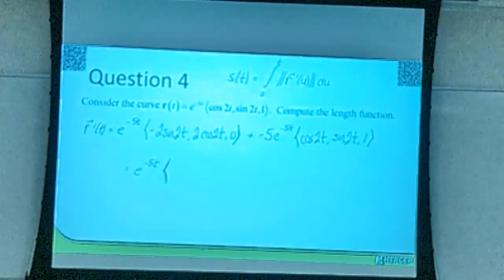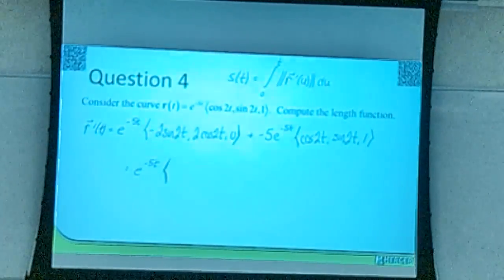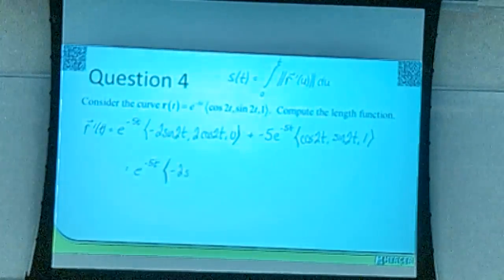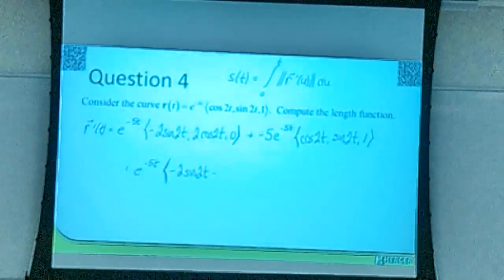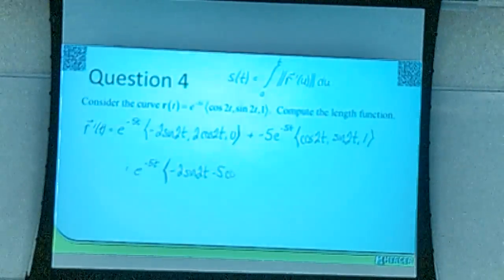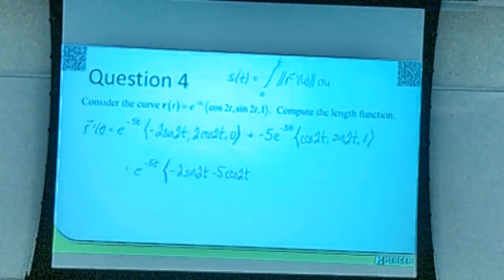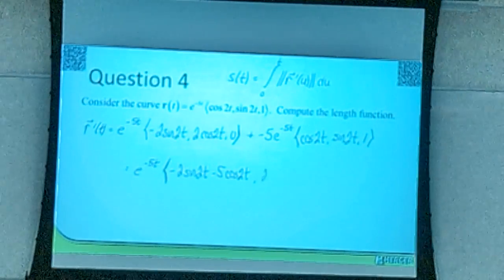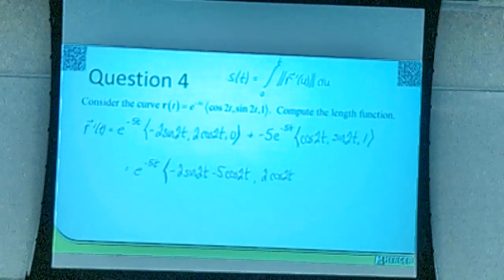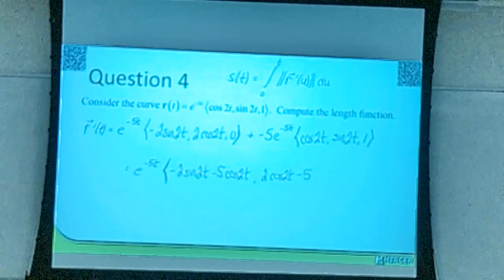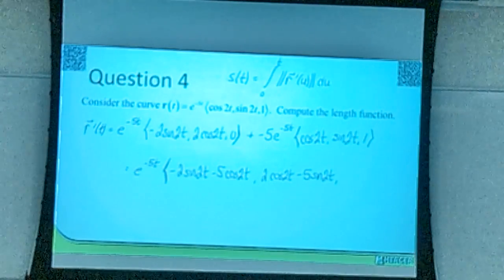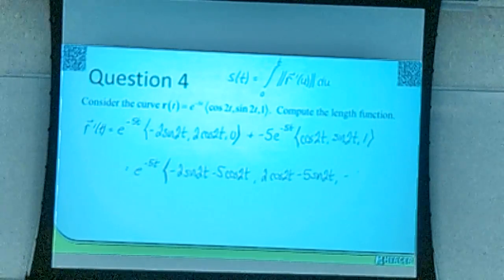Factor out that e to the negative 5t, right? Then what are we left with? Minus 5 cosine t. That'd be the first component, right? Second. Oh, and then third.